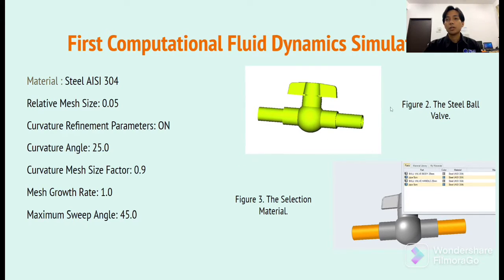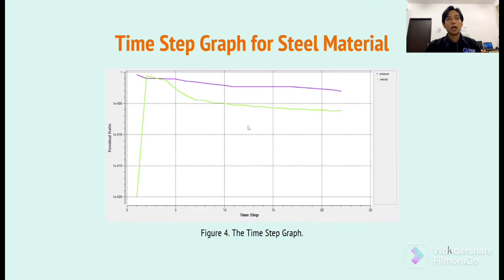Next, in figure 2, as you can see here, this is the steel ball valve in the green color, and figure 3 shows the selection of material. Next, we move to the time step graph for steel material. The line in purple shows the pressure, and the green line indicates the velocity.